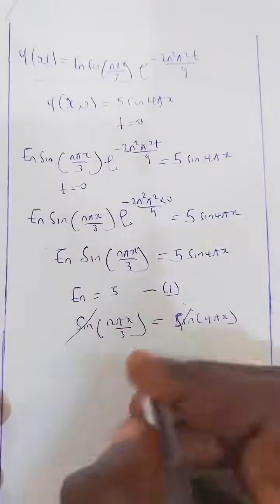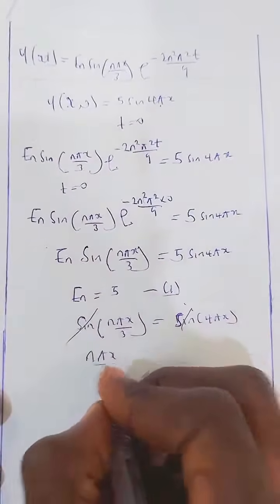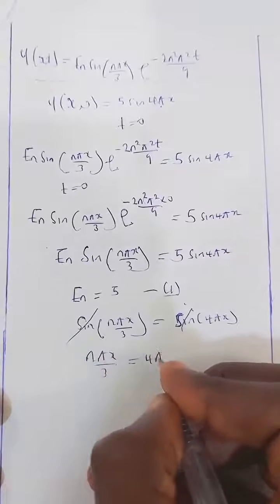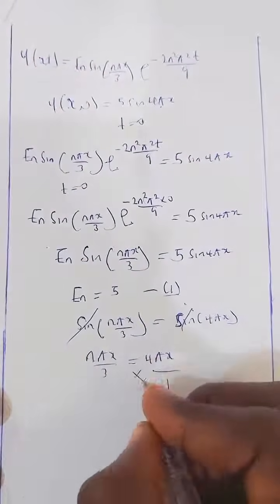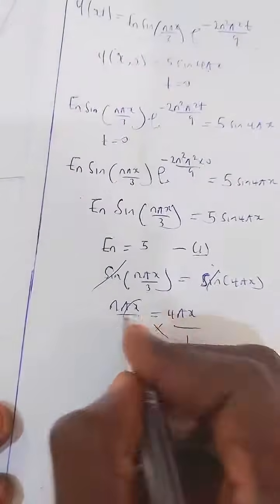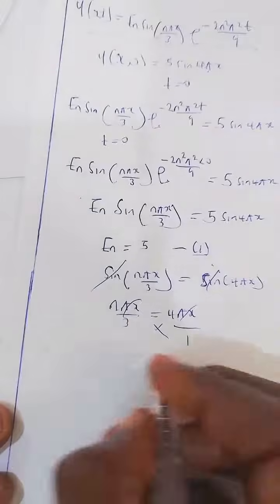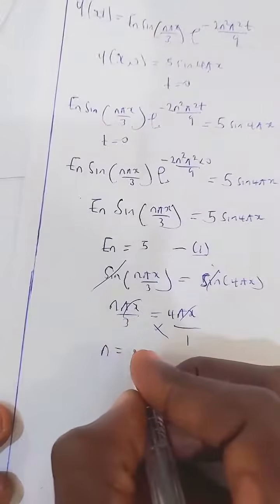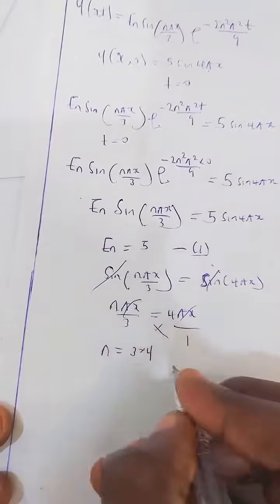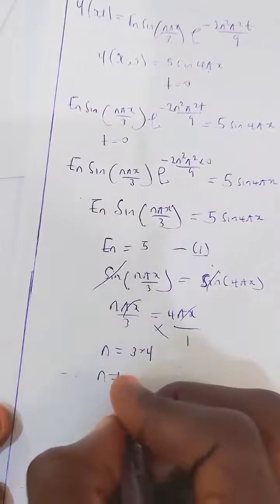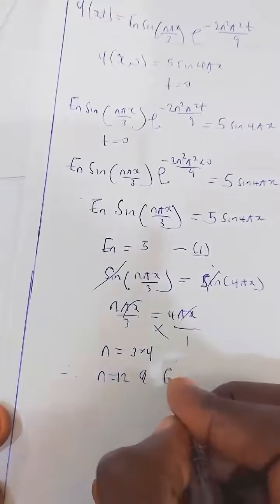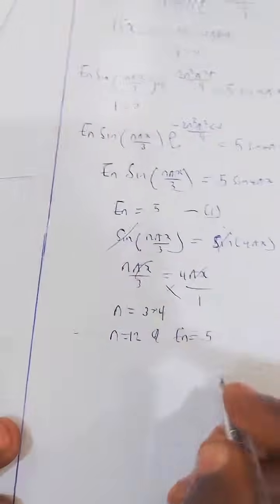Observe that the sine cancels out. I'll be left with n pi x over 3 equals 4 pi x. Cross multiply. This also cancels out. By the time you cross multiply, you have n equals 3 times 4. Therefore, n equals 12 and e subscript n equals 5.